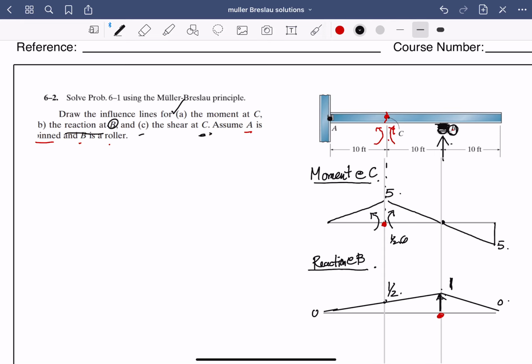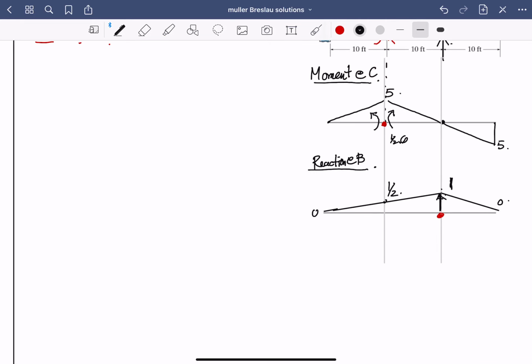When we solve for shear at C, we know that its sensor is going to be placed right here. We also know that it is pinned here. I think it's like a roller or something right there.